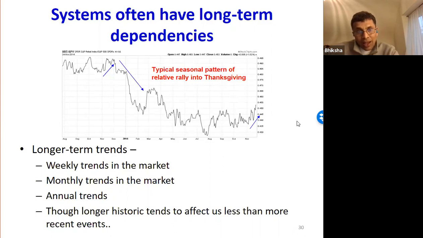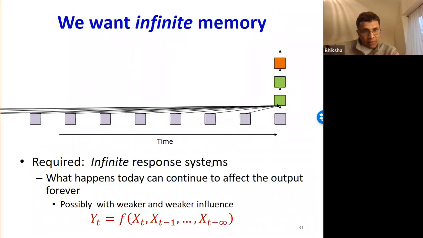And in principle, you really want to be looking back not just for any finite amount of time. You want infinite memory. So you want an infinite response time. You need every prediction to be based on everything that happened in the past. Or alternately, you want something that happens today to influence the output of the network forever.